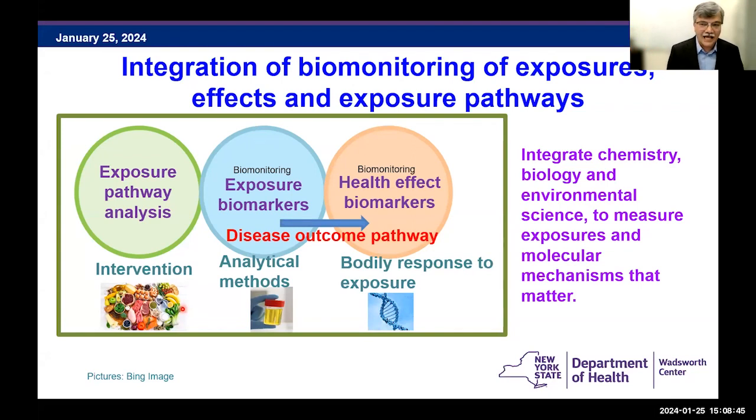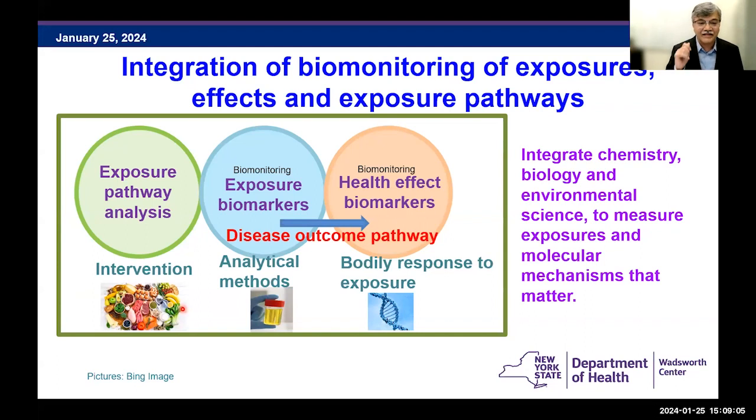That way we can tell, if you are exposed to high levels of DEHP, it is very likely coming from your diet. Even within diet, what kind of diet can contribute to that exposure? That is important to put the biomonitoring data in the context of understanding the exposure pathway.